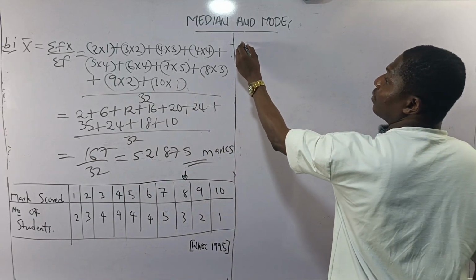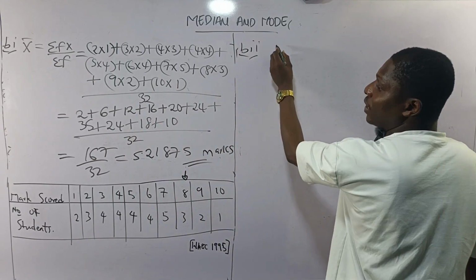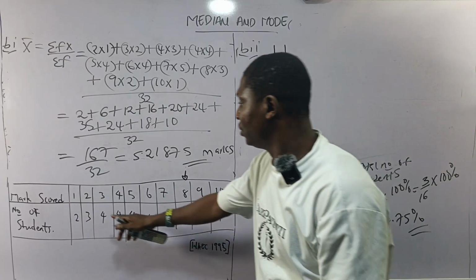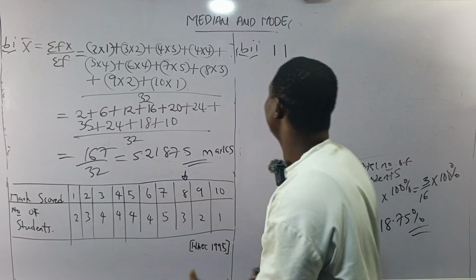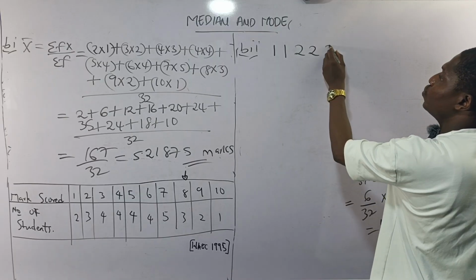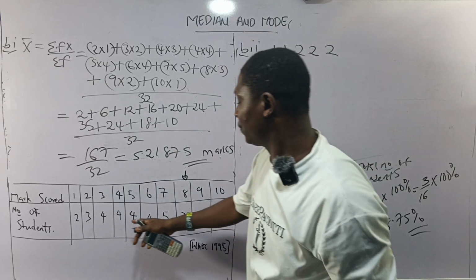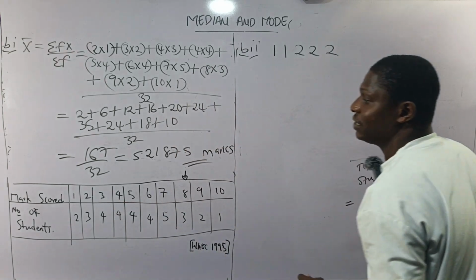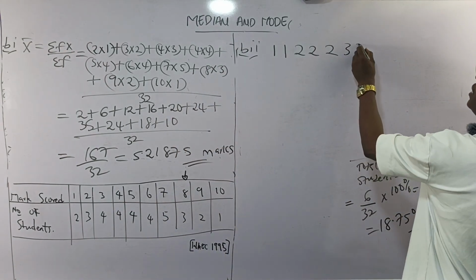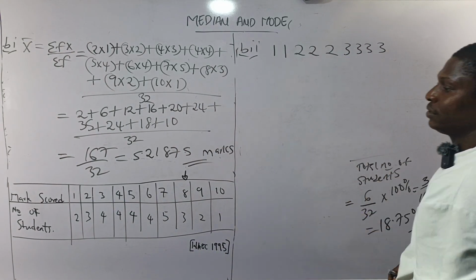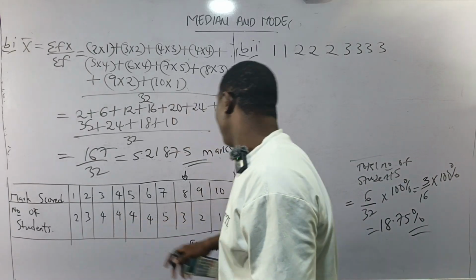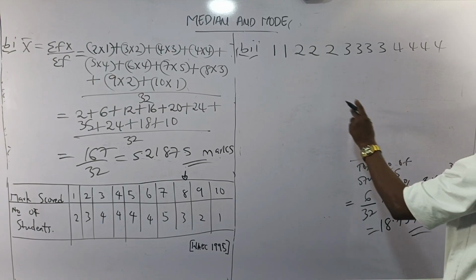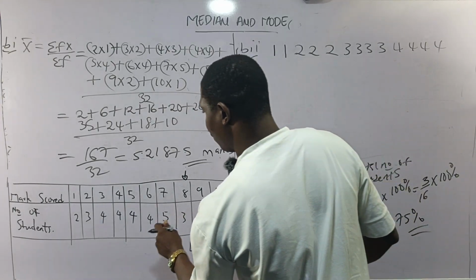Twice, so I have 1, 1. 2 occurs 3 times: 2, 2, 2. 3 occurs how many times? 4 times: 3, 3, 3, 3. 4 occurs 4 times: 1, 2, 3, 4.